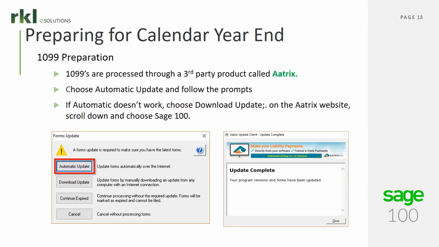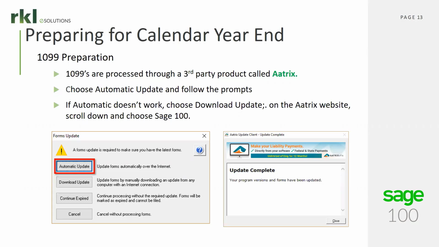1099s are processed through Atrix, which is a third-party product embedded in Sage 100. Once you've made your choices on the previous screens, you will be placed in the Atrix program. You will be prompted to download the 2021 tax forms.